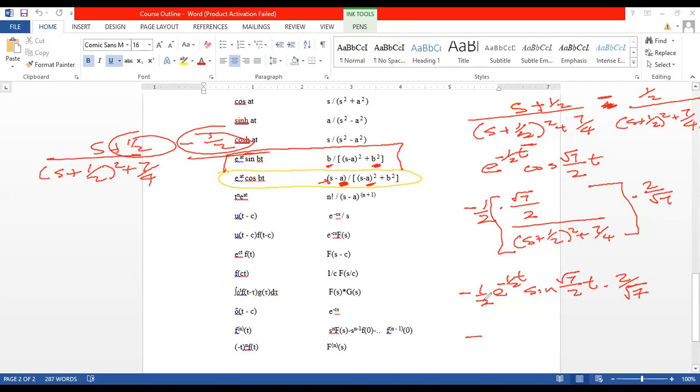Yeah, I know, we are stressing, especially at this hour, but bear with me. e to the minus a half t sine root 7 over 2t. So these two are the two solutions.